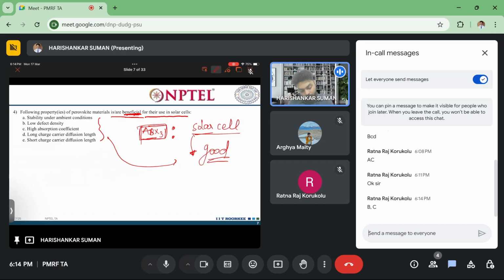Let's forget about perovskite, then we will discuss perovskite. B and C. Okay, obviously low defect density, good. C, high absorption coefficient. And what about the charge carrier diffusion length?